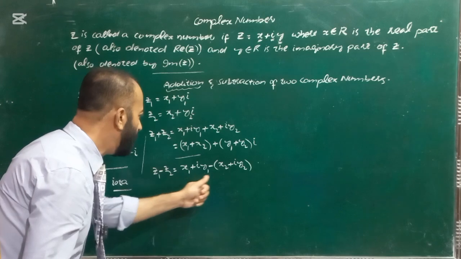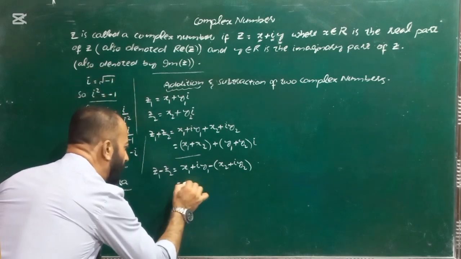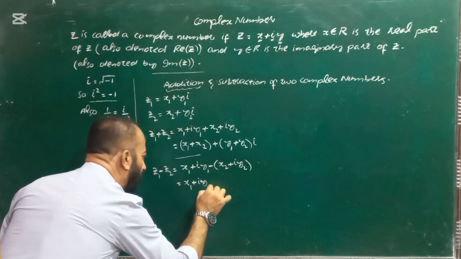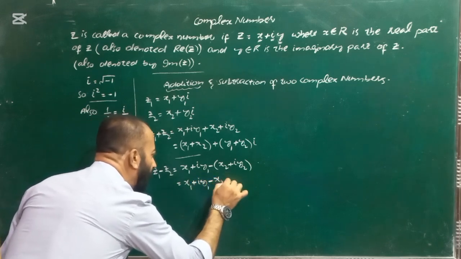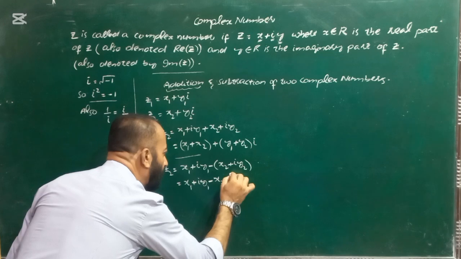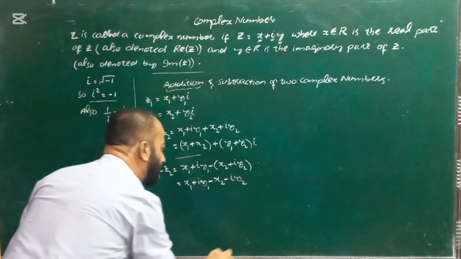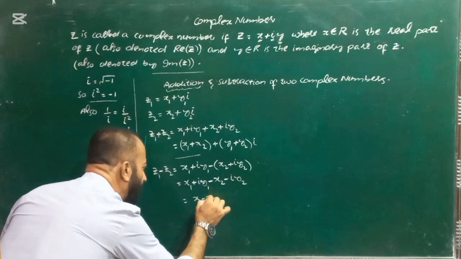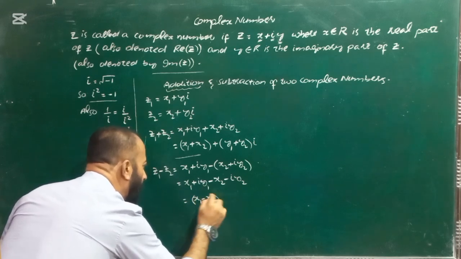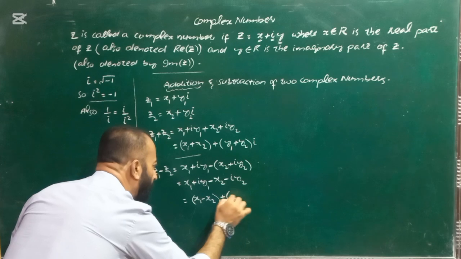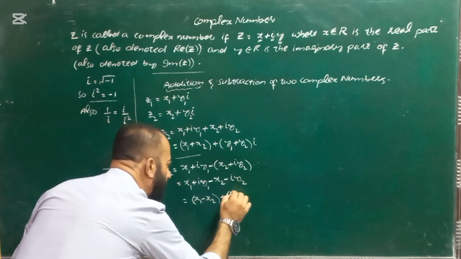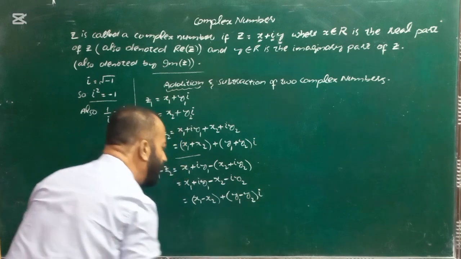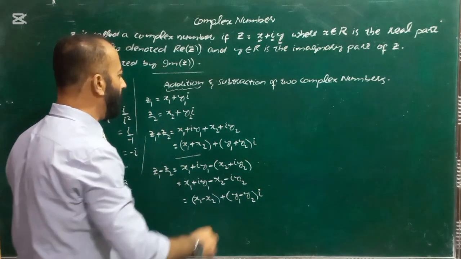Now open the bracket: x1 plus iota y1 minus x2 minus iota y2. Real parts will be collected like this: x1 minus x2, plus y1 minus y2, and iota will be taken as common. So this will be the method.